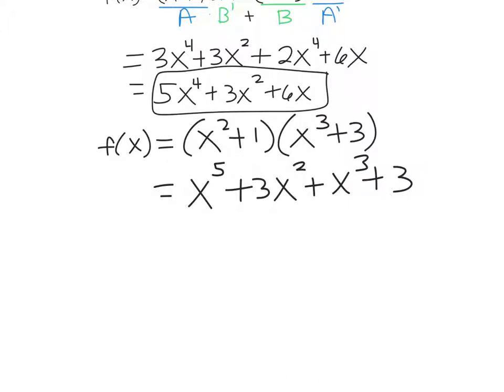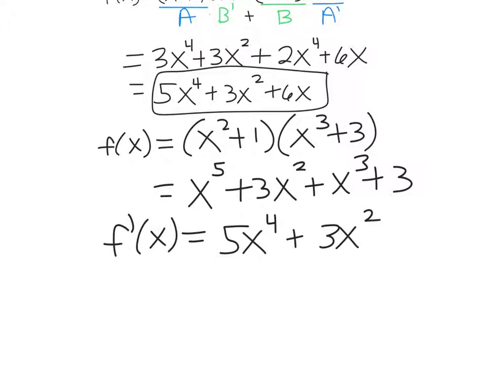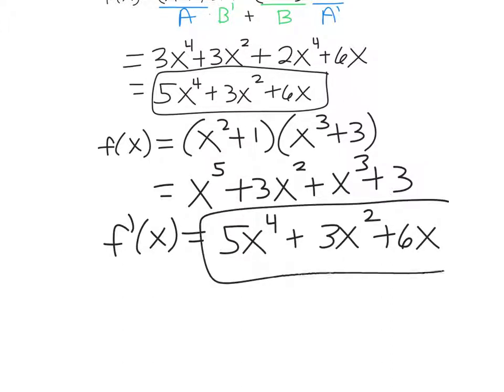If I were to FOIL that out and then take the derivative, it's actually an easier problem to do, right? You get 5x to the 4th plus 3x squared over here, and then plus 6x. You get the exact same answer that you did here, but you did it a different way.